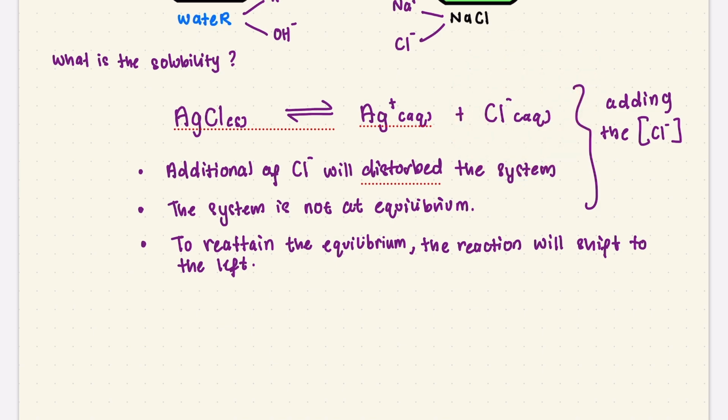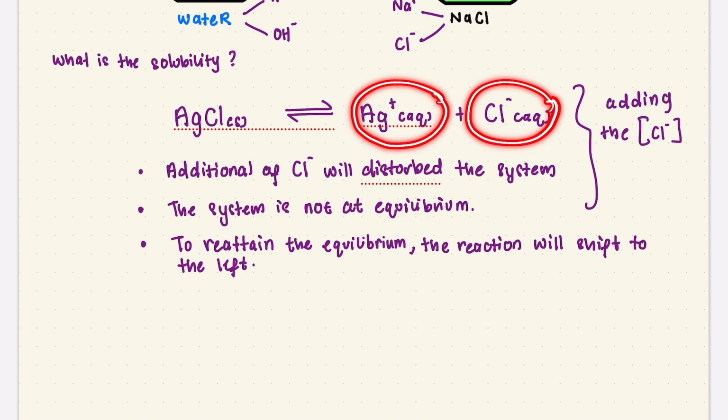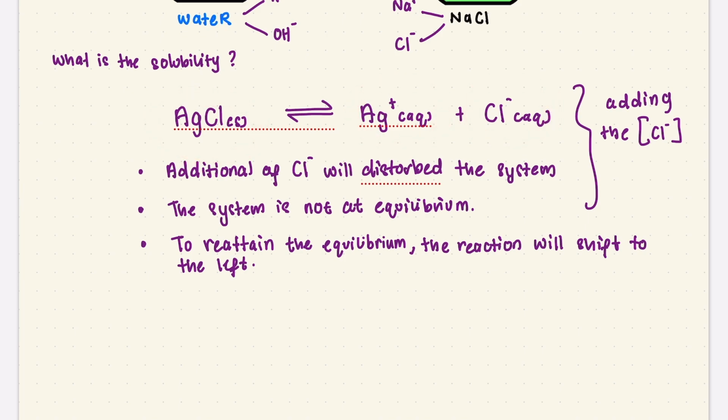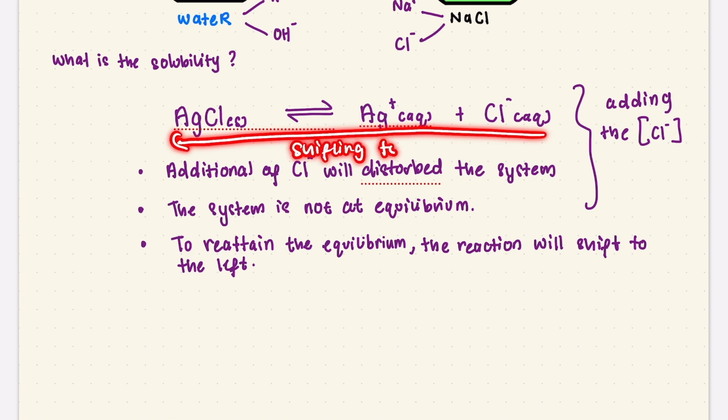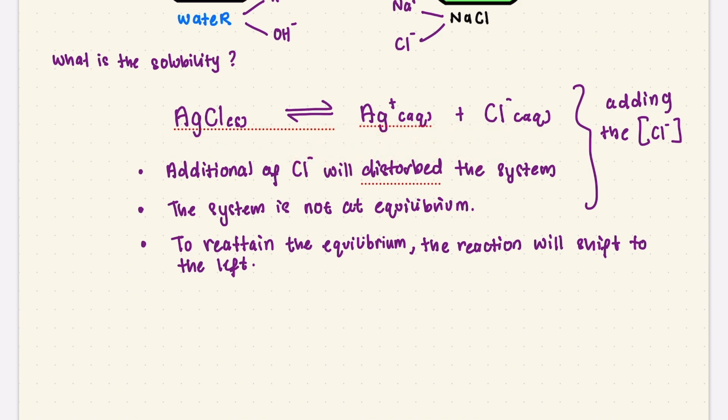So to use the chloride, it must react with argentum. So what happened? This chloride reacts with argentum to produce AgCl, and that is what is meant by shifting to the left. And I bet you guys understand this since you learned Le Chatelier before. It shifts to the left.